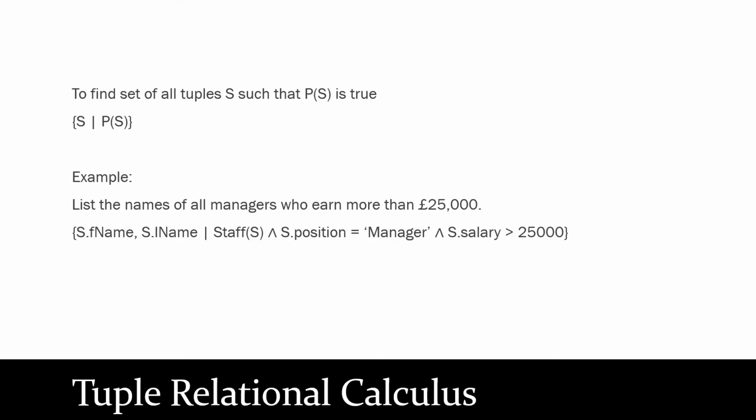Example, list the name of all managers who earn more than 25,000. So we specify what we want to see: S dot first name, comma, S dot L name, given that staff S and S dot position equals manager and S dot salary more than 25,000.